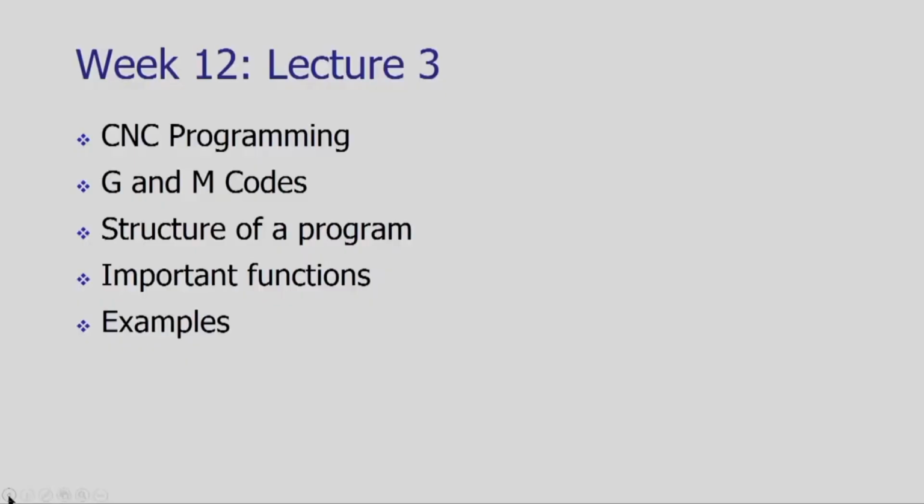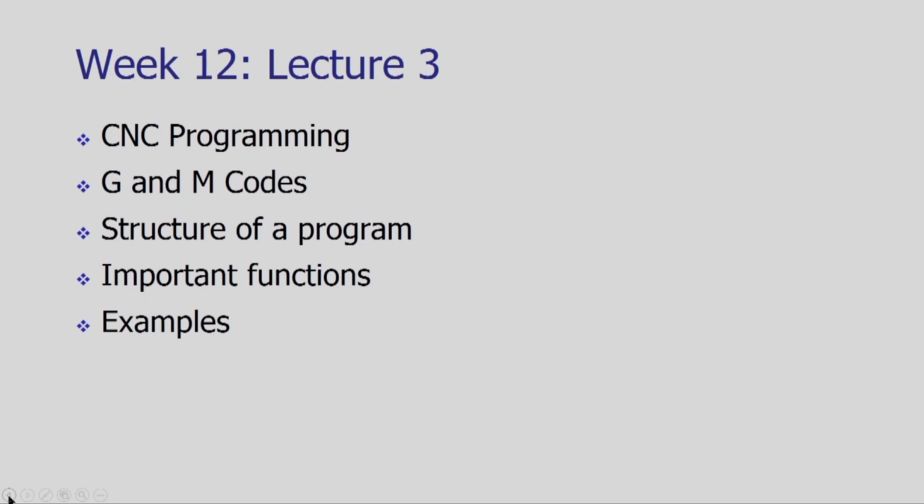So let us see what is there in the next lecture, that is lecture 3. In the last lecture of this course, we will be studying CNC programming, and the variety of preparatory and miscellaneous codes being utilized in CNC programming. We will study the structure of a program, and what the various building blocks of a typical CNC program are.